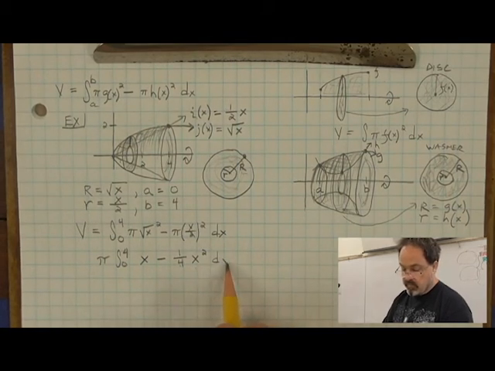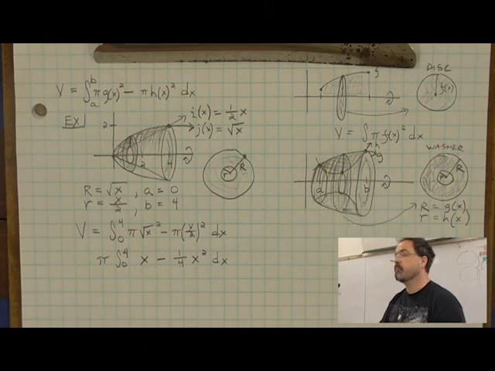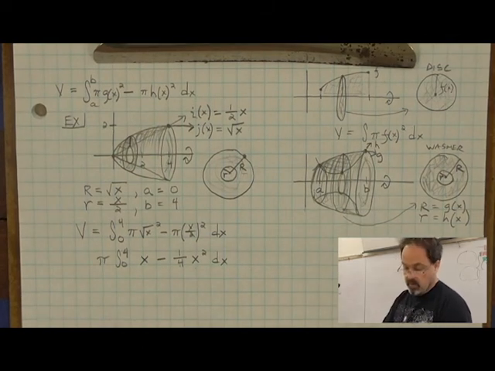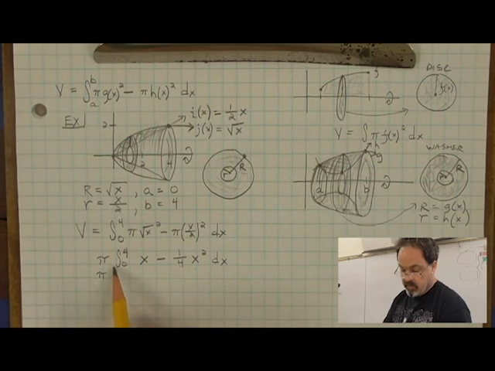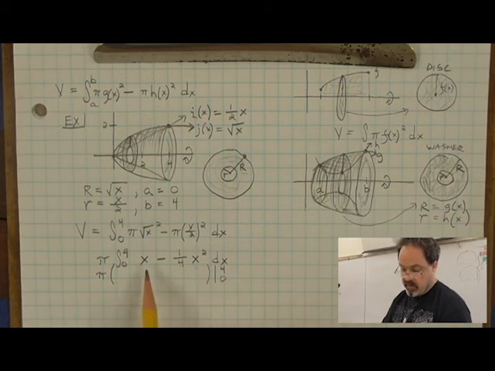This is still with respect to x. I'll continue. The integral of a difference is the difference of the integrals. Can't forget that pi is still hanging out to multiply the result. I'm going to make parentheses with a pipe because I'll apply the bounds from 0 to 4 after I find the antiderivative of these two terms.